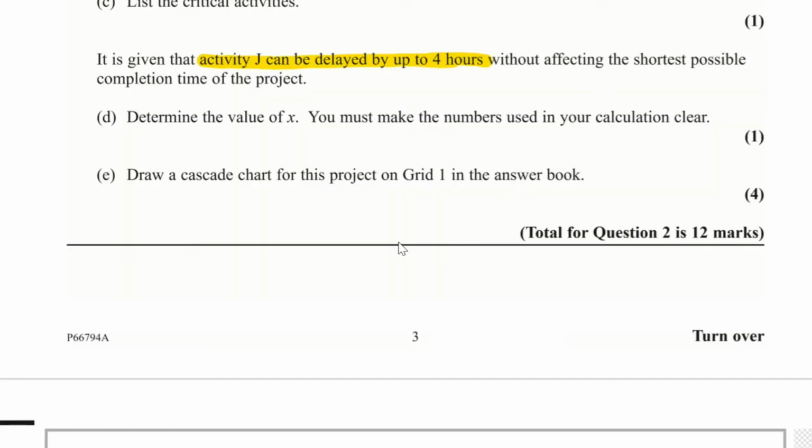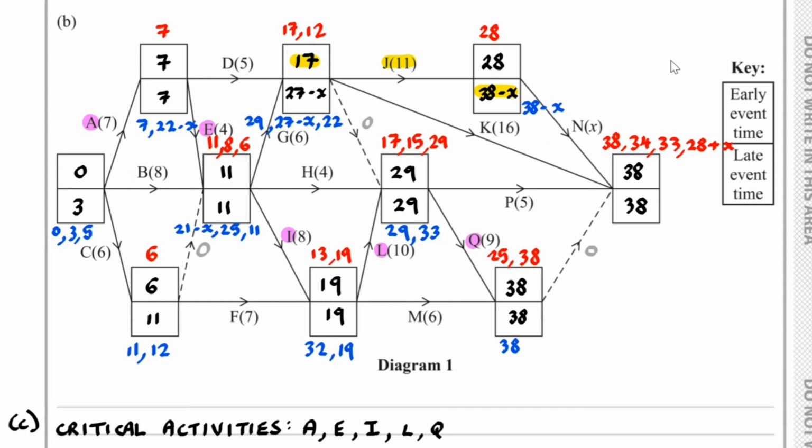Now for part E, we have to draw a cascade chart for this project on grid 1 in the answer book. If we take a look at our diagram, the first thing we can do is find the critical path.